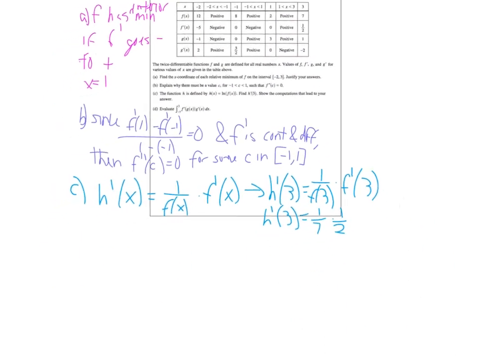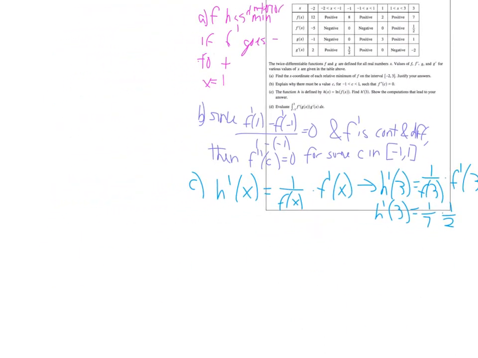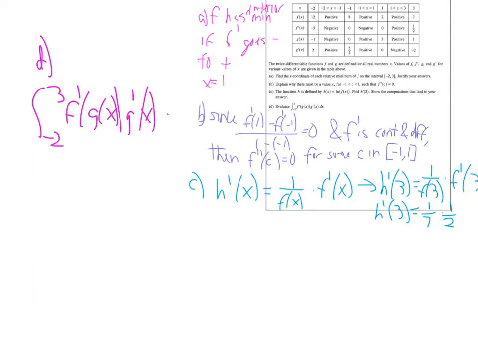Evaluate that integral. Okay. So for part D, I have the integral from negative 2 to 3 of f prime of g of x times g prime of x. That looks like chain rule to me. So let's go ahead and u-sub this.